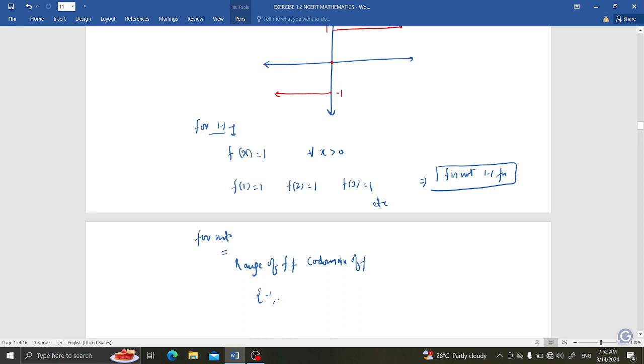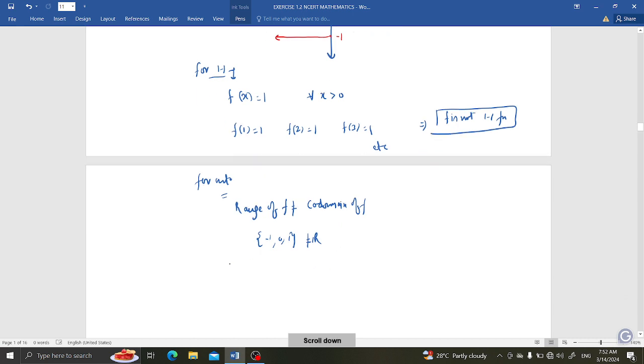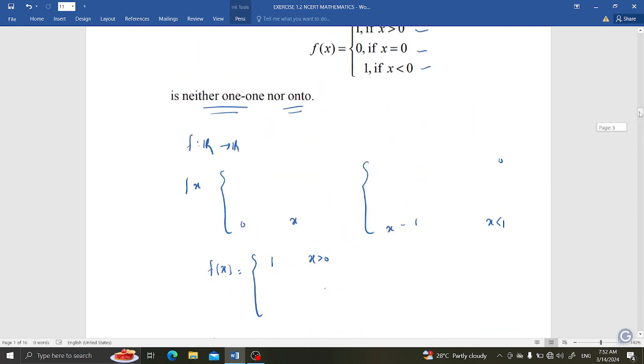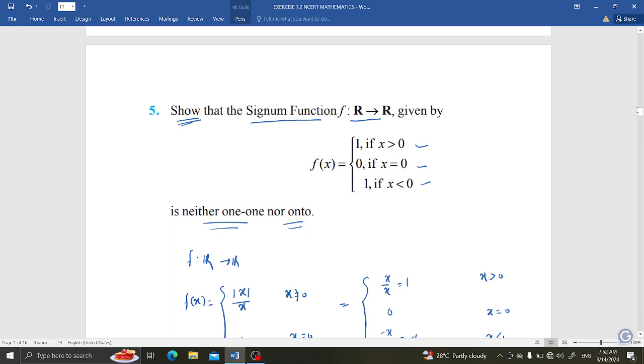Why so? Because the range is minus 1, 0, 1, and it is not equal to complete R. Understand? So it implies that f is not onto. I hope all these 3 questions are clear, along with the graph and all the representations, their domain and range.